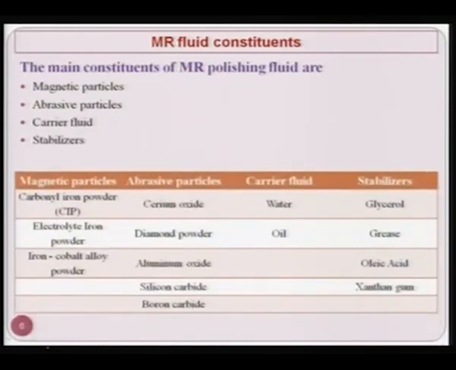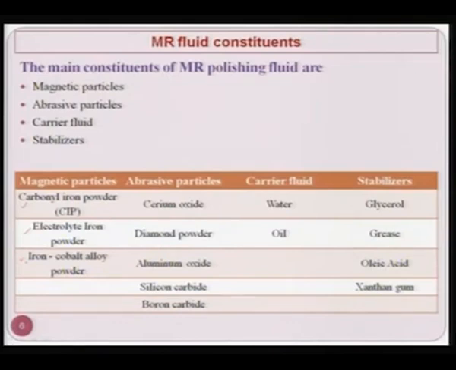As you can see here in this particular table, the magnetic particles may be carbonyl iron powder, also known as carbonyl iron particles, electrolytic iron powder and iron cobalt alloy, as you can see in the first column of this table. Then there are various kinds of abrasive particles which are added to this fluid: cerium oxide, diamond powder, aluminum oxide, silicon carbide, boron nitride, etc.